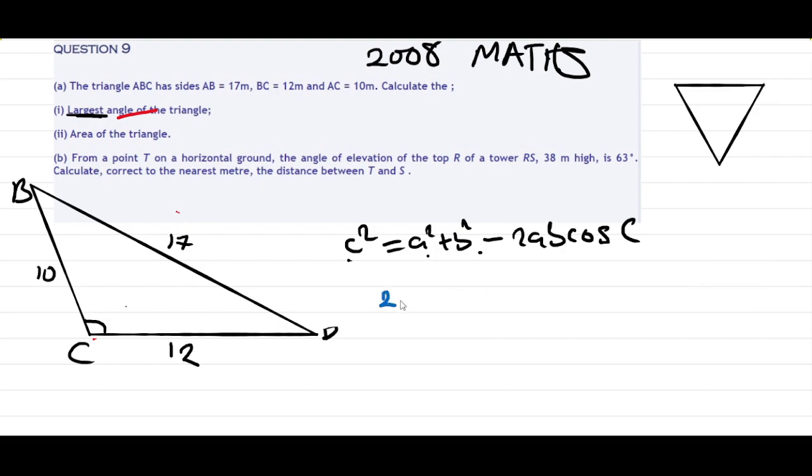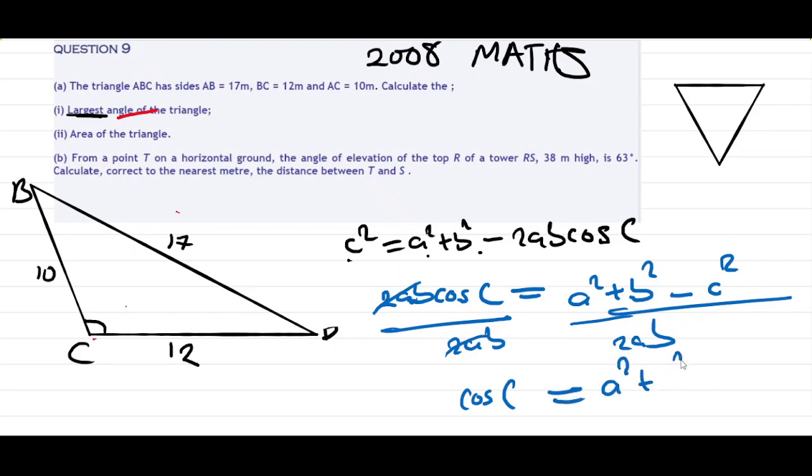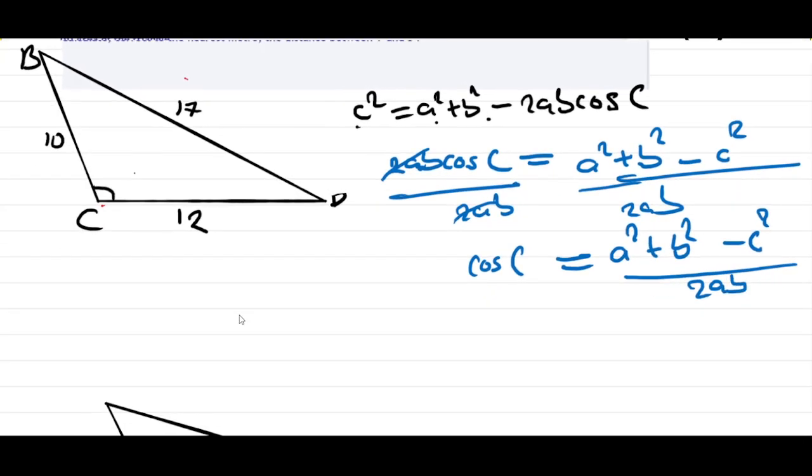So if we have 2ab cos c equals a squared plus b squared minus c squared, then if we divide both sides by 2ab, this cancels out. Then cos c would be a squared plus b squared minus c squared, all over 2ab. Here, just take note that c is 17, b is, let's say, 12, and a is 10.